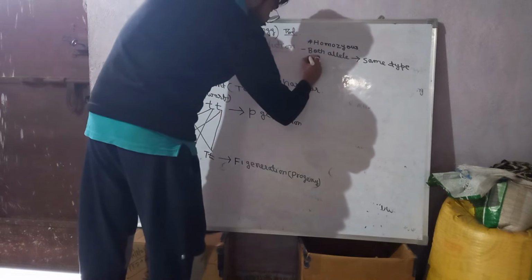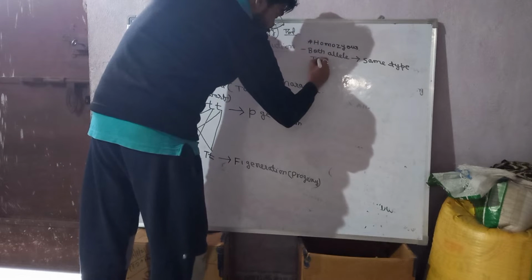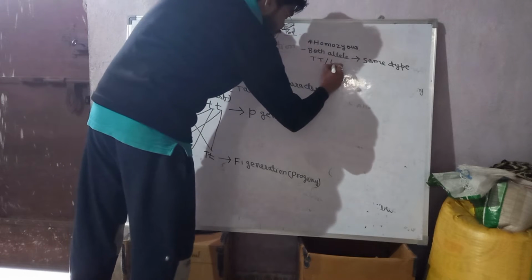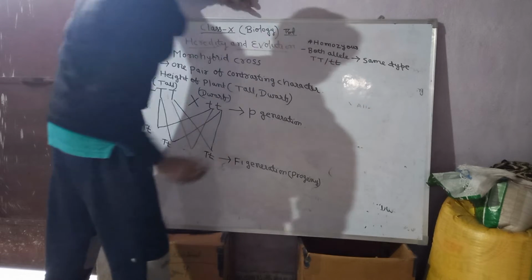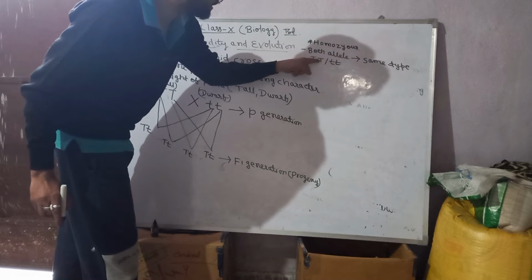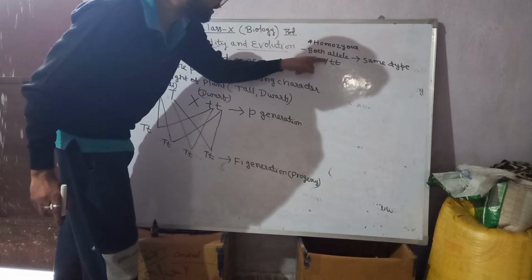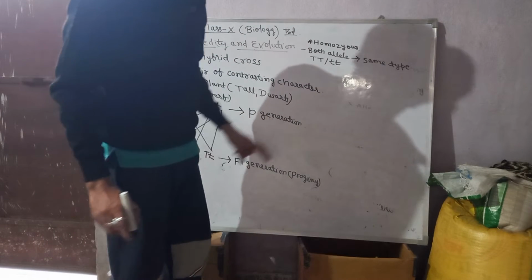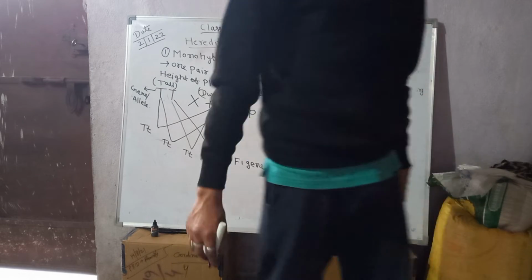For example, capital T, capital T, this is the tall character, and the second one is small t and small t, dwarf character. So here both alleles, capital T and capital T, small t and small t, are of the same type, then it is known as homozygous, my dear student.